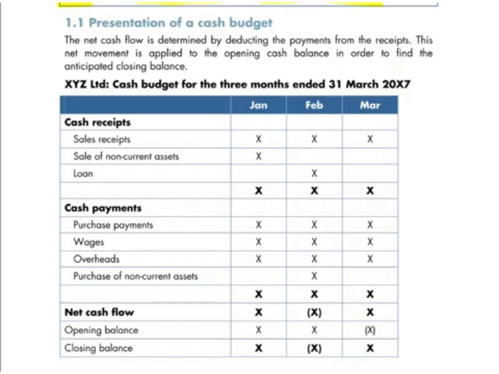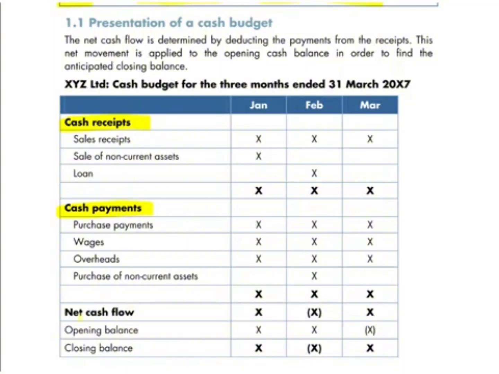Now, in order to neatly present this to management, we will put together a cash budget such as the one that we can see below. So what we do is we have the cash receipts at the top and therefore have all the cash inflows. We then take the cash payments and put them under those cash inflows.